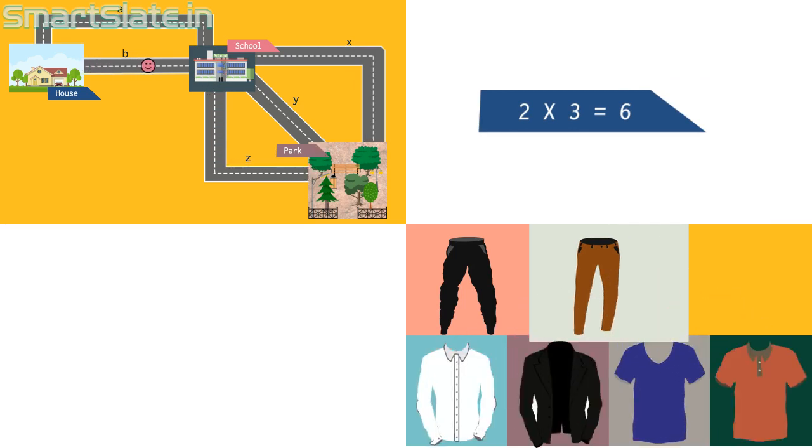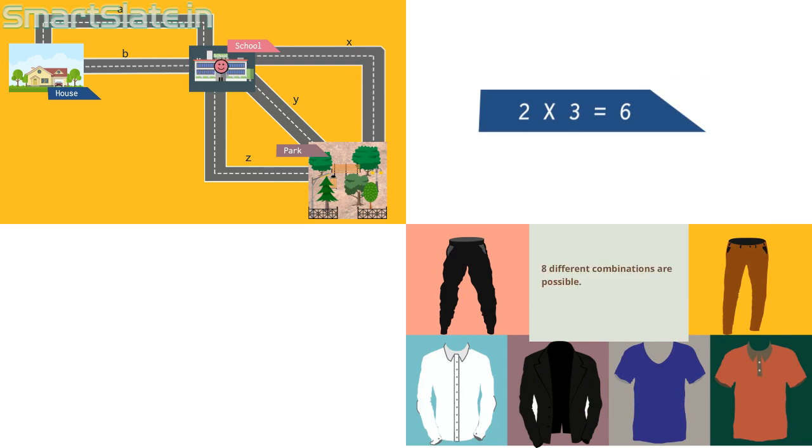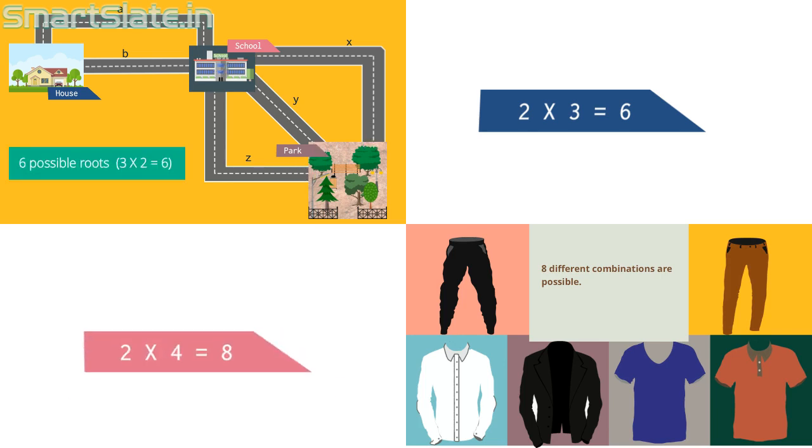You have 2 pants and 4 shirts. The number of ways you can dress up using these pants and shirts can be obtained by multiplying 2 and 4, which is 8. There is a general rule to solve such problems.